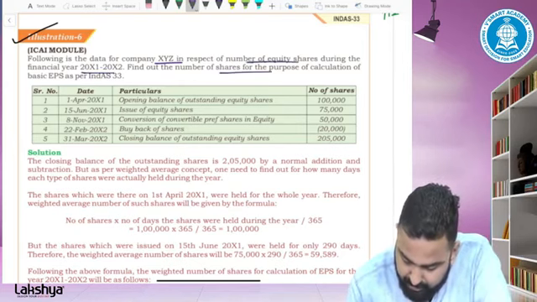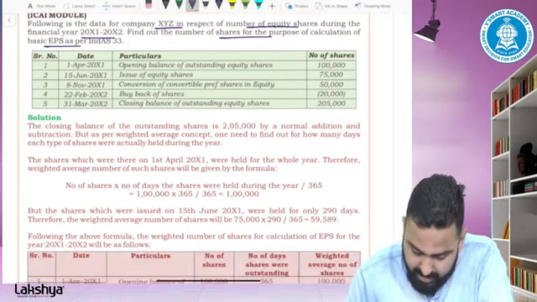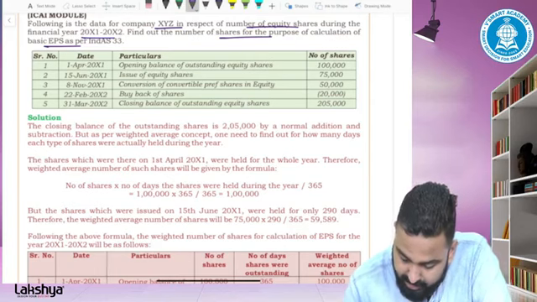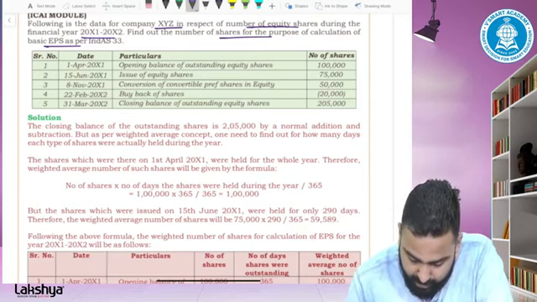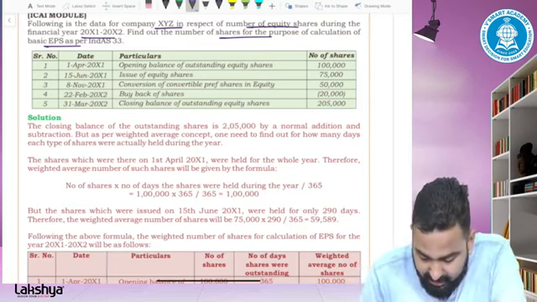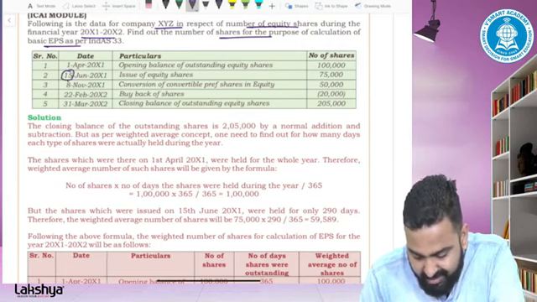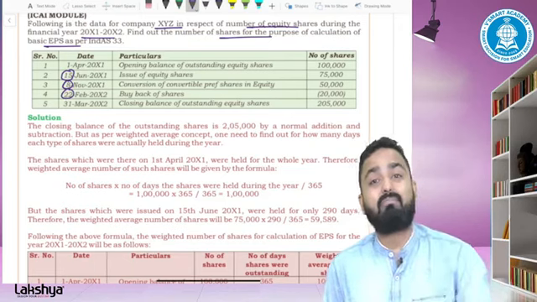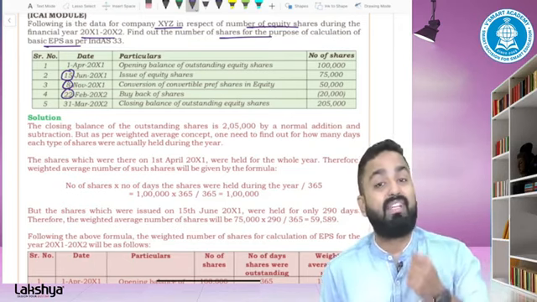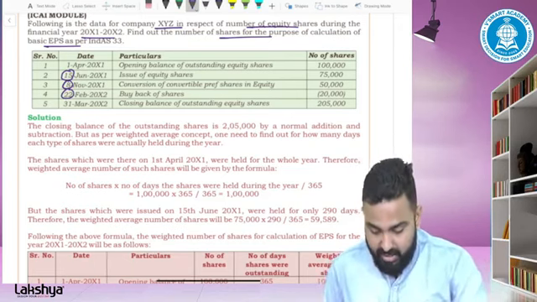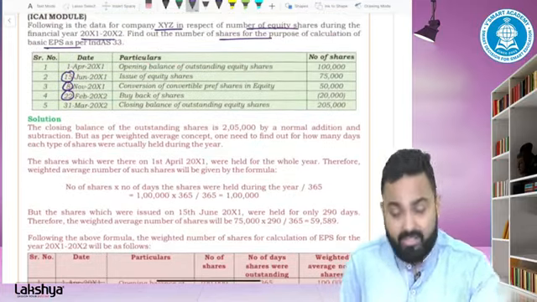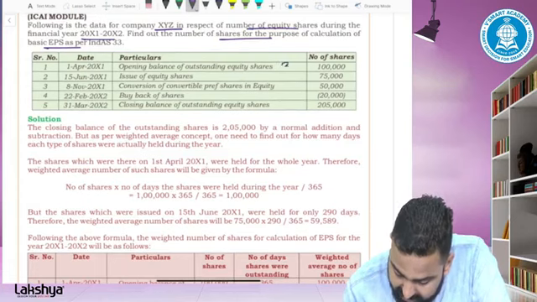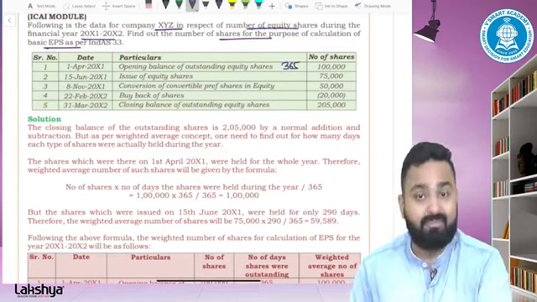Find out the number of shares for the purpose of calculation of basic earning per share as per Ind AS 33. 1st April 2011, opening balance of outstanding equity is 1 lakh. Now see, the dates are odd: 15 June, 8 November, 22 February. Since the dates are odd, you can't take months. You have to take the number of days, guys. So for opening, we took 365 divided by 365.